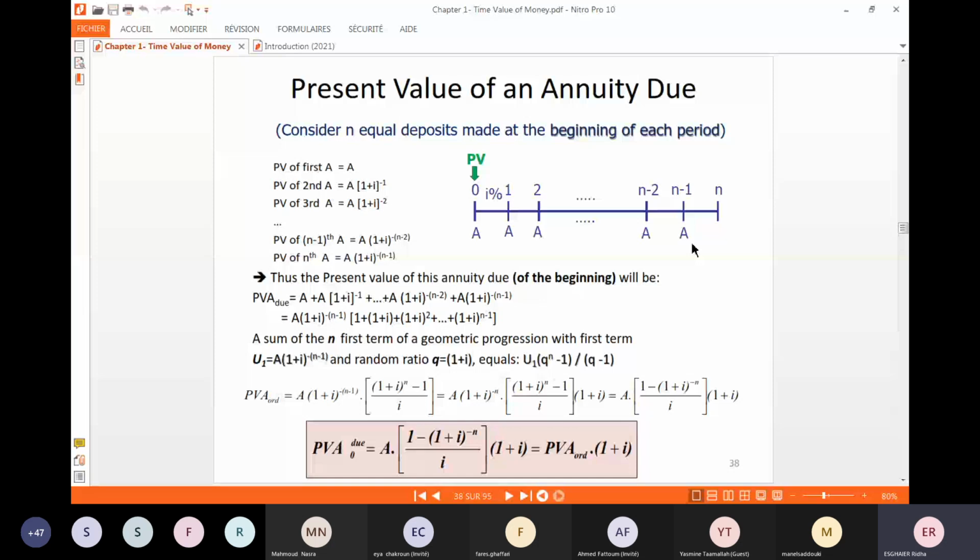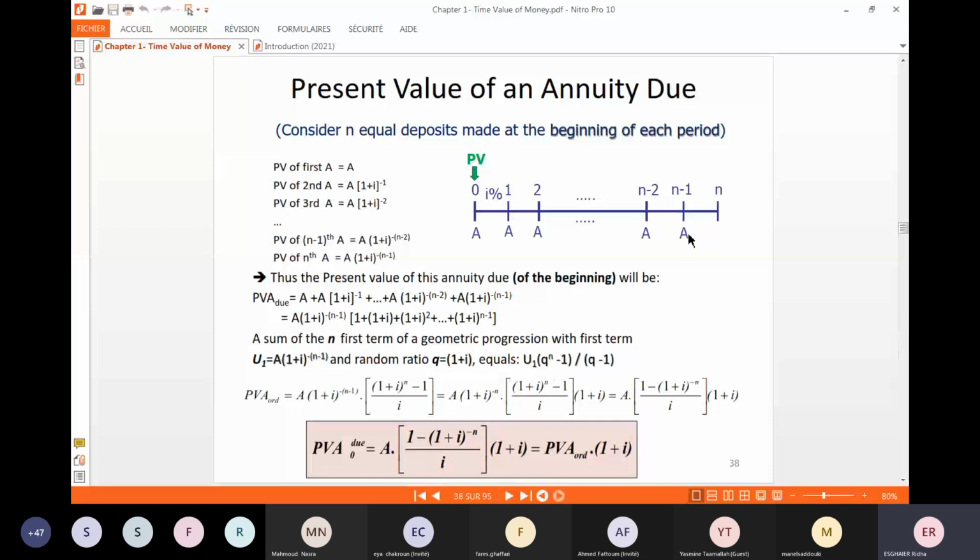Present value of an annuity due is equal to the present value of an ordinary annuity times 1 plus i, and this 1 plus i represents the difference between the present value of the last A for the ordinary annuity, which is A times 1 plus i power minus n, and the present value of the last A for an annuity due, which is only A times 1 plus i power minus (n minus 1), not minus n.